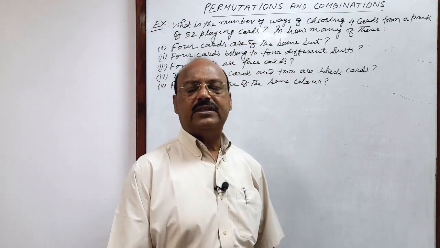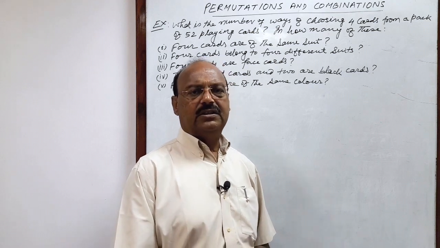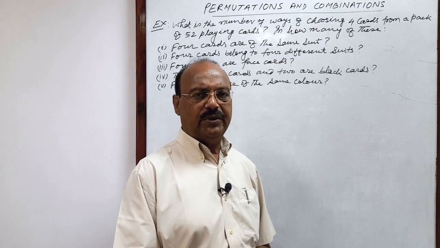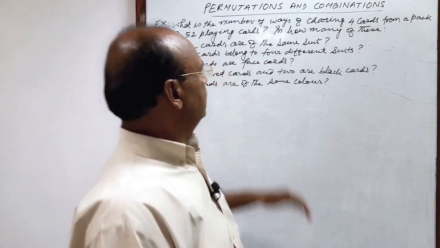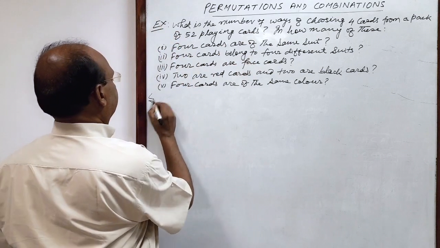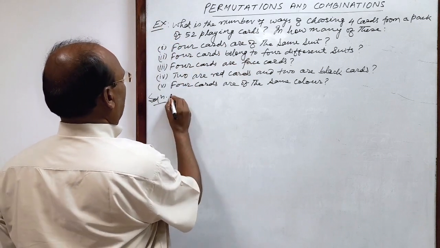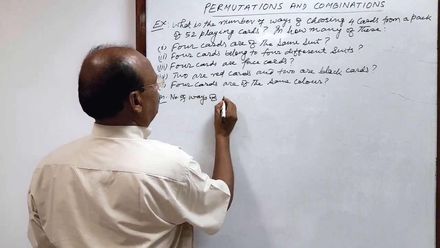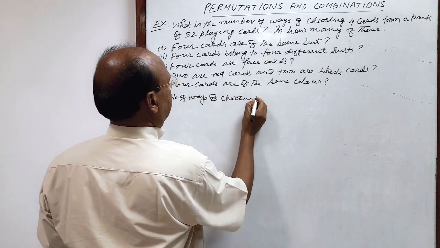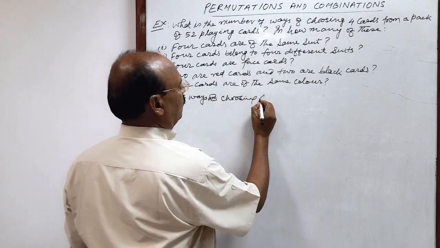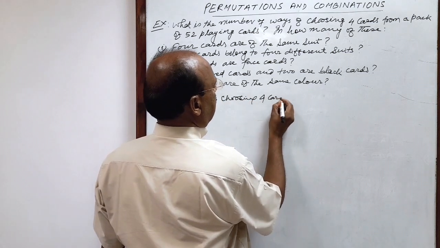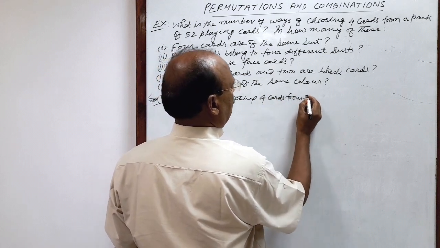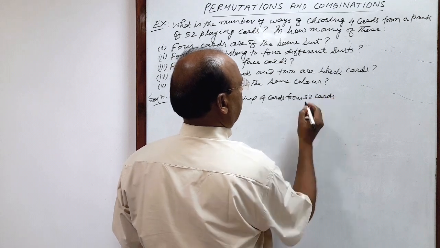So obviously this is not a kind of permutation. This is only selection, isn't it? So this will be a question from the topic combinations. So now let us see the solution here. Number of ways of choosing 4 cards from 52 cards.